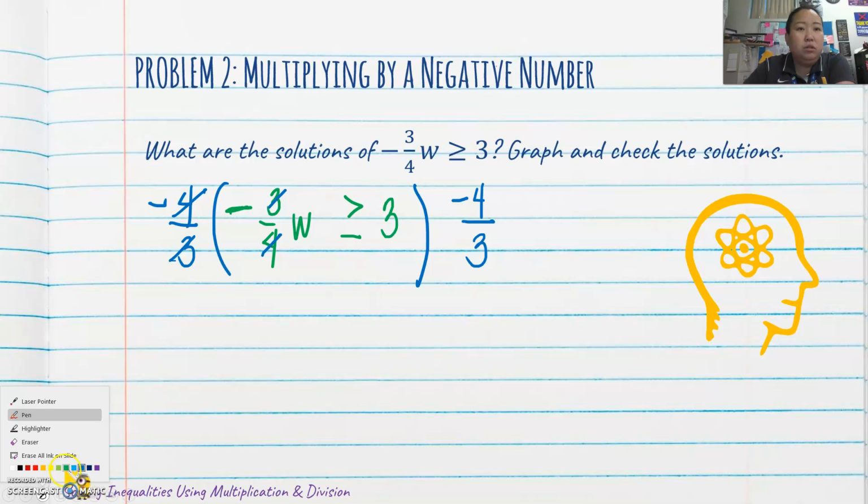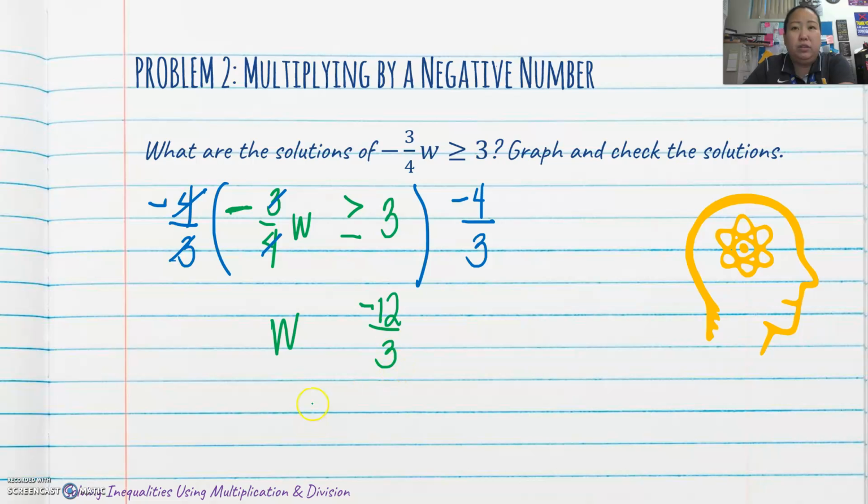And so when we simplify, negative times negative is going to be a positive, and we are left with our W. On the right side, we will have negative 3 times negative 4, that's negative 12 over 3, which is going to be equal to negative 4.